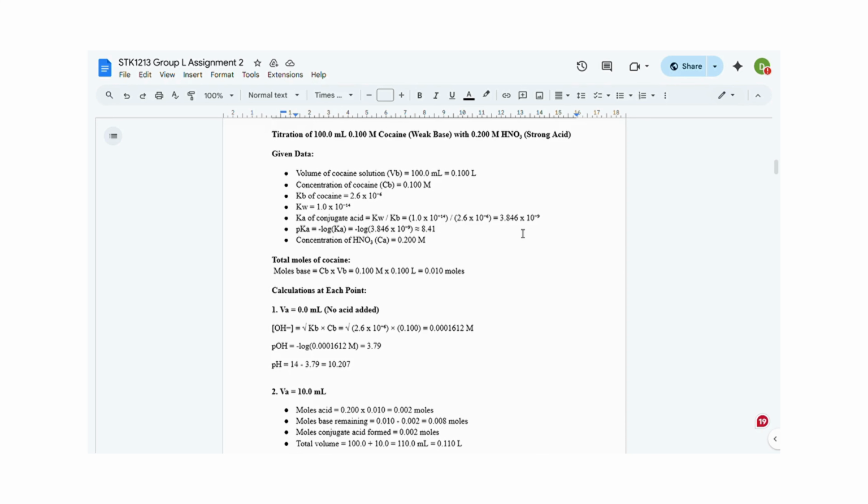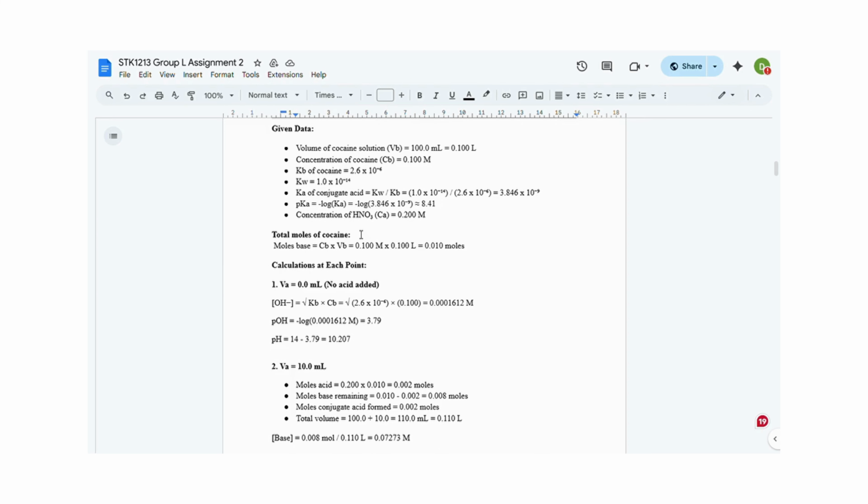So we get 3.846 times 10 to the power of -9. So from here we can find the pH for the conjugate acid, which is negative log of 3.846 times 10 to the power of -9, and we get 8.41. And the concentration of nitric acid is 0.2 mol.